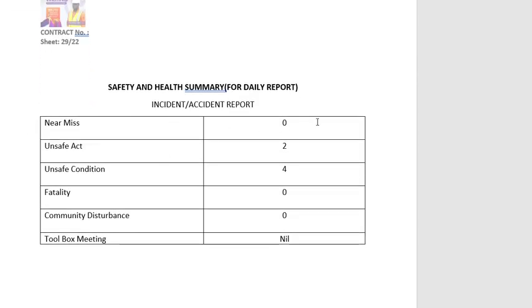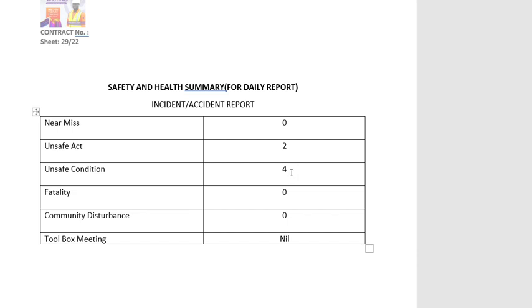For a simpler table, you can use this. Near miss: state if there are near misses, something that nearly led to an accident. Unsafe act: state it. How many unsafe acts? Unsafe act is the behavioral pattern workers exhibit on site. Unsafe conditions are tools or equipment that are not positioned properly on site that can lead to an accident.